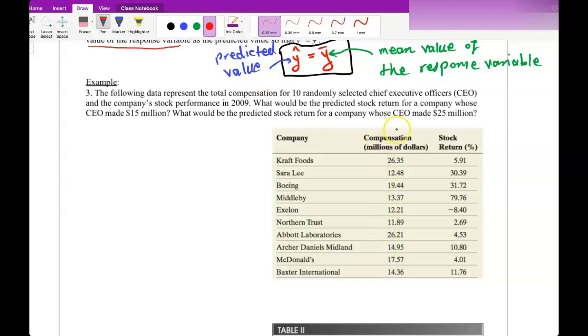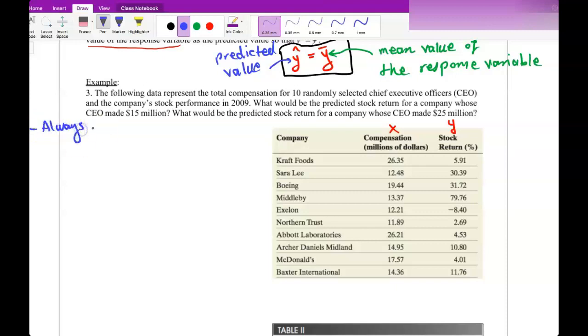So the first column here, this is X, our explanatory variable, and the outcome is our stock return, based on what the question is. We know that our response is Y. So first, we should find what the correlation coefficient is.